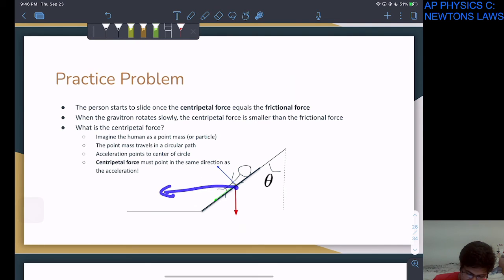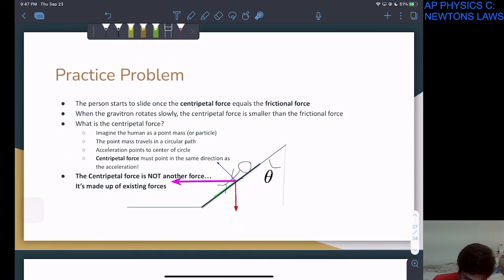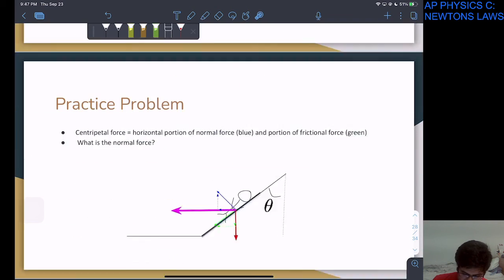Because your velocity is constantly tangent to the circular path that you're making, the acceleration will point towards the center. And the centripetal force is not another force, it's just made up of our existing forces.